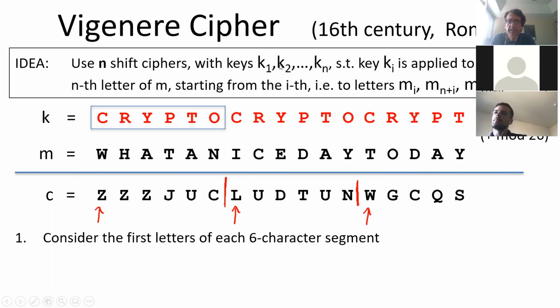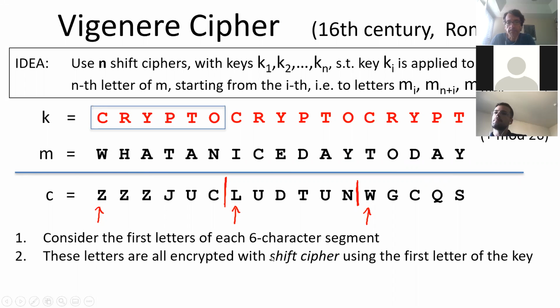Now, yes, I increased the key space, but still, basically, I'm going to cryptanalyze it by looking at every sixth character and noticing that on those characters a single key, K1, acted.